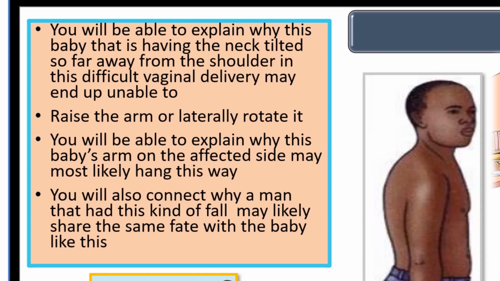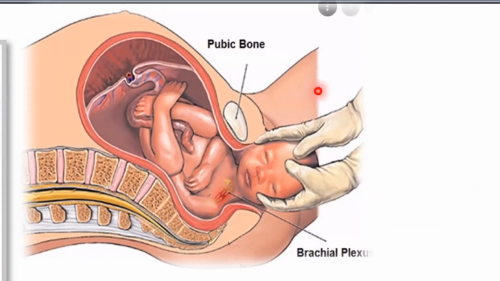In this case 1, by the end of our lecture, you'll be able to explain why this baby here is having the neck tilted so far away from the shoulder in what is apparently a vaginal delivery that is actually very difficult. This baby will most likely be unable to raise the arm or laterally rotate it.